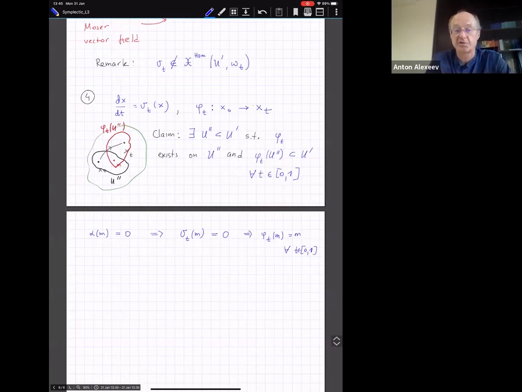And here it's very, very essential. It's absolutely crucial that we made a choice of alpha with alpha of m equals 0. Because without that, of course, nothing would work, right? The vector field would simply move m, and together with m, all its neighborhoods, God knows where.